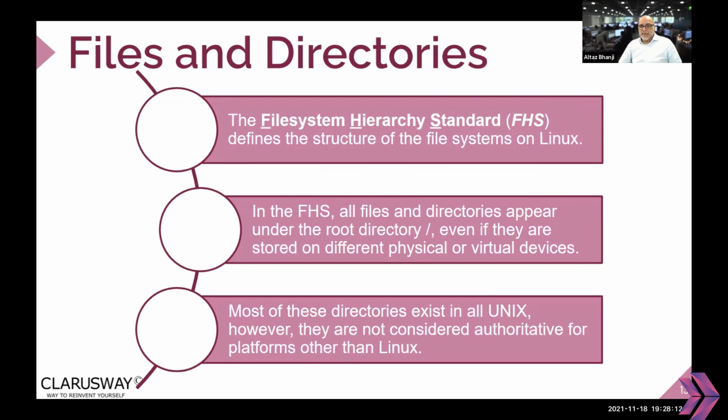So in Linux, everything shows up under this file system hierarchy. Okay. And most of the directories that we're going to talk about and look at are going to exist in any kind of Unix system, but this FHS standard is authoritative for just Linux.